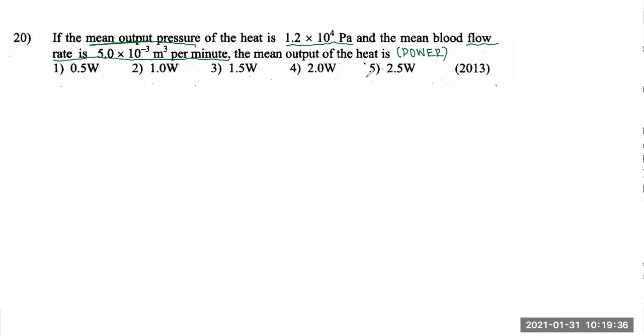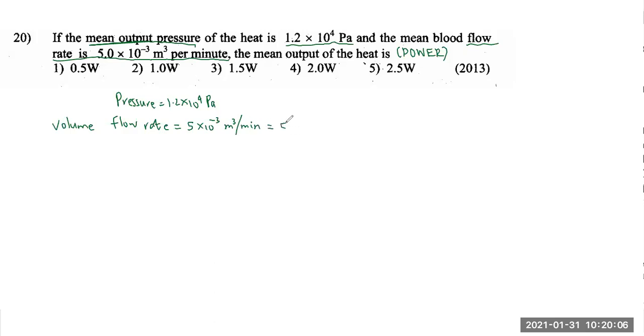And the interesting part is they have given us pressure, that is 1.2 into 10 to the power 4 Pascal. And they have given us blood flow rate. It's in fact volume flow rate, because look at the unit they have given: 5 into 10 to the power minus 3 meter cube per minute. So you can convert it to meter cube per second.